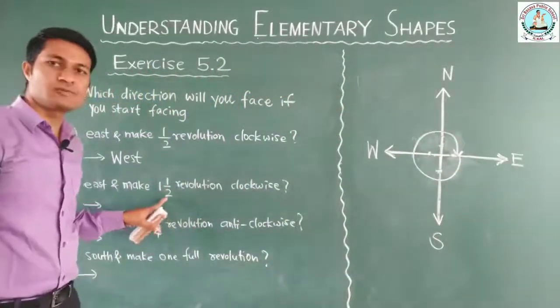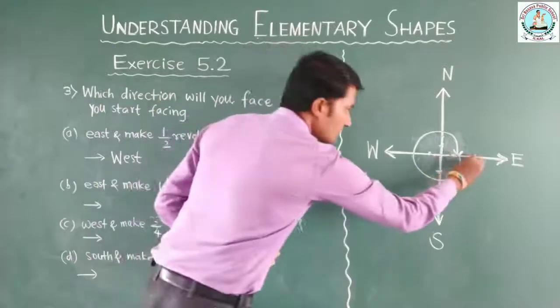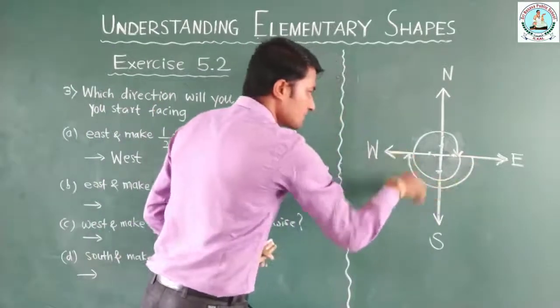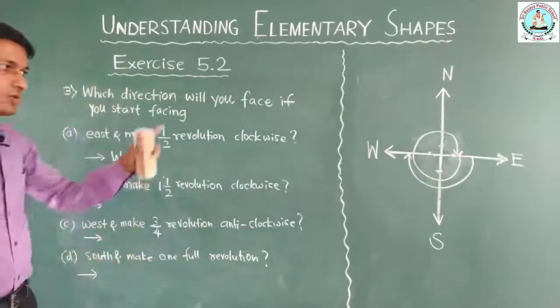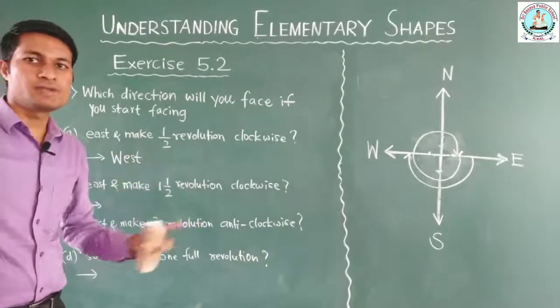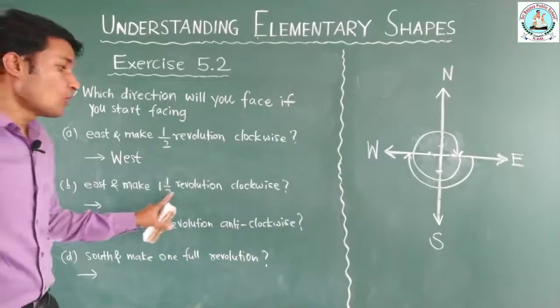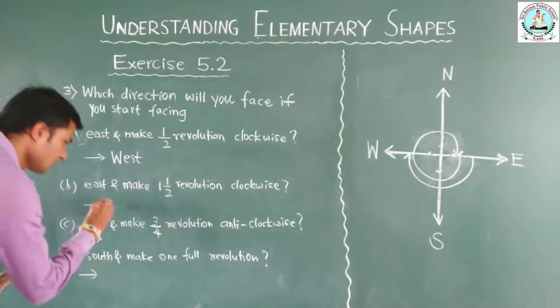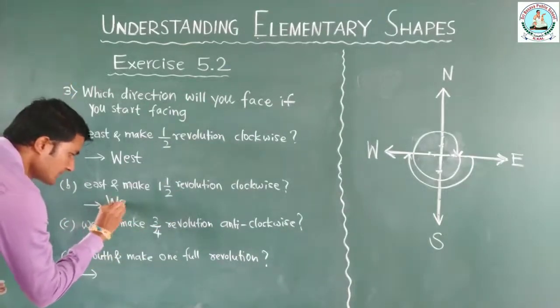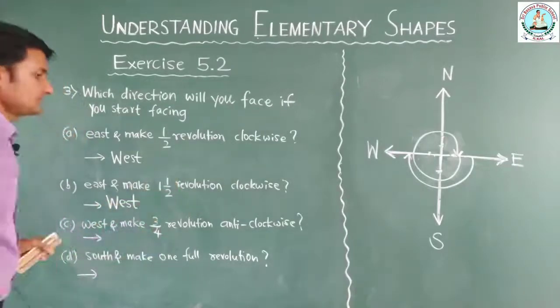Still another half revolution you have to make. So half revolution means another half. So again you have reached west direction, and you will be facing west direction after making 1.5 revolution. So right now you will be facing west, right?